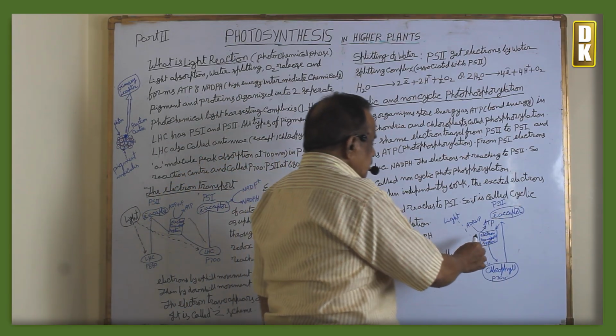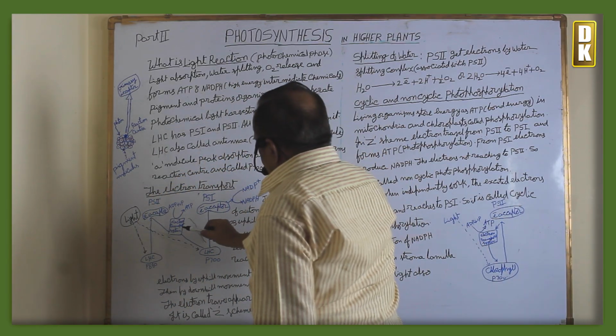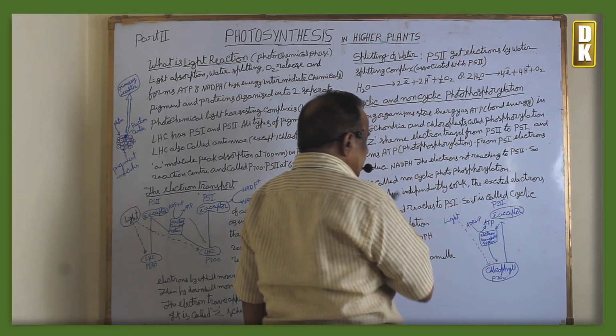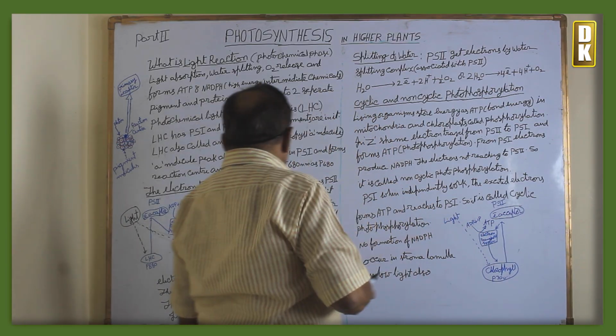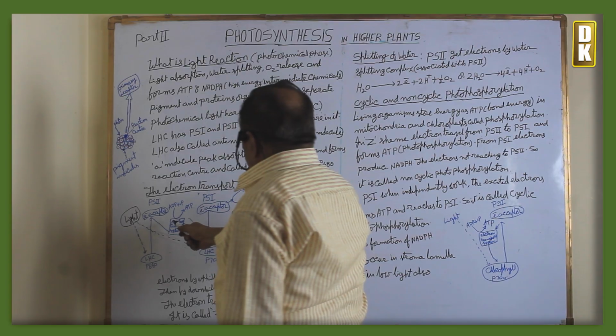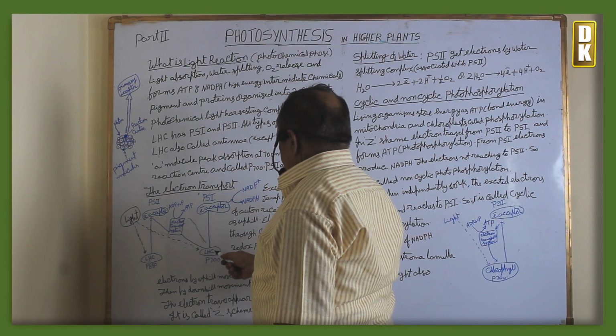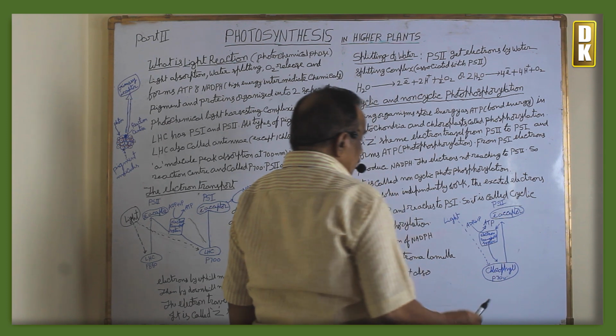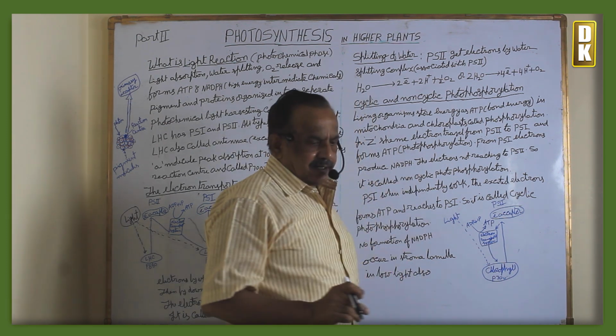And the electron transport system, as it is doing here, also converts ADP plus phosphate into ATP. But in non-cyclic, they go from photosystem 2 to 1, whereas here it is photosystem 1 only, which is independently operated.